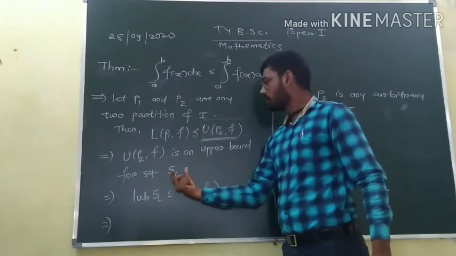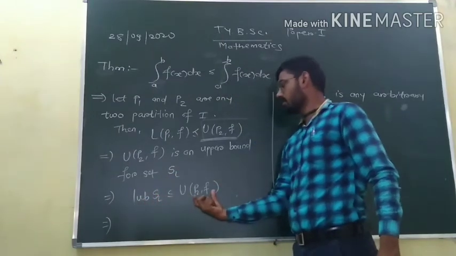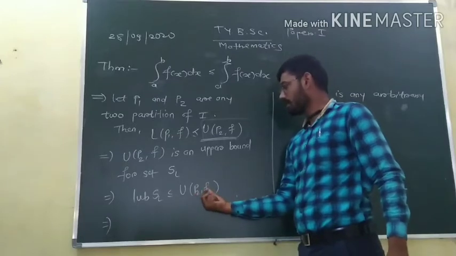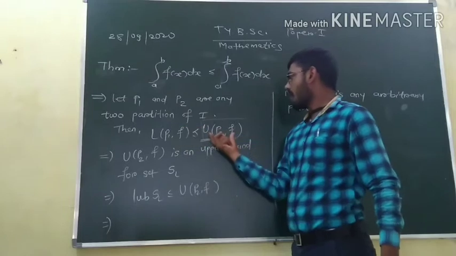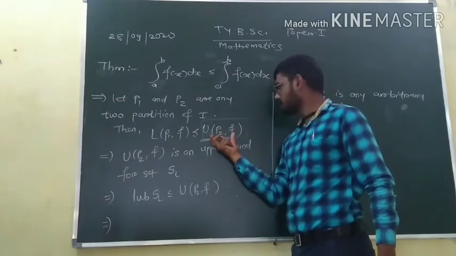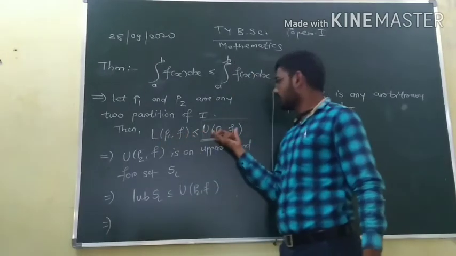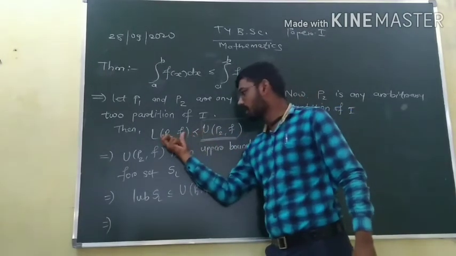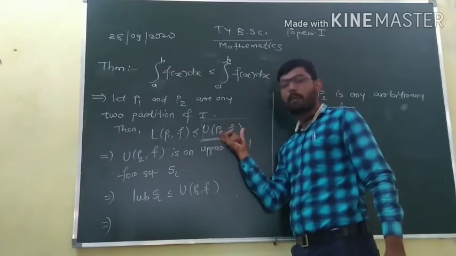So we write the least upper bound of SL is always less than or equal to this upper sum of f with respect to P2. Why? Because every lower sum is always less than or equal to this upper sum. So every element of the set of all lower sums is also less than or equal to this term. This term becomes an upper bound.